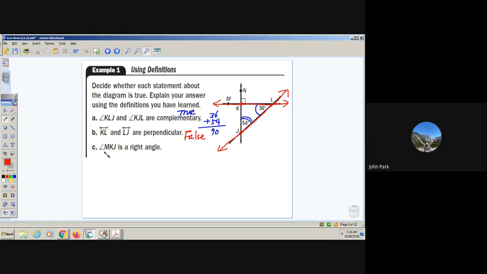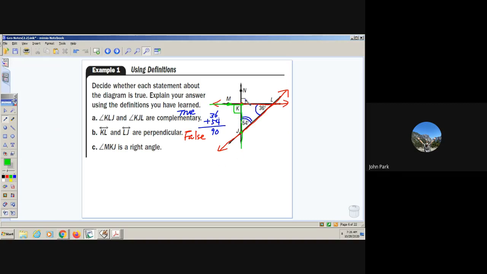The last one: angle MKJ is a right angle. M is right here, so MKJ is this angle here. Is that a right angle?